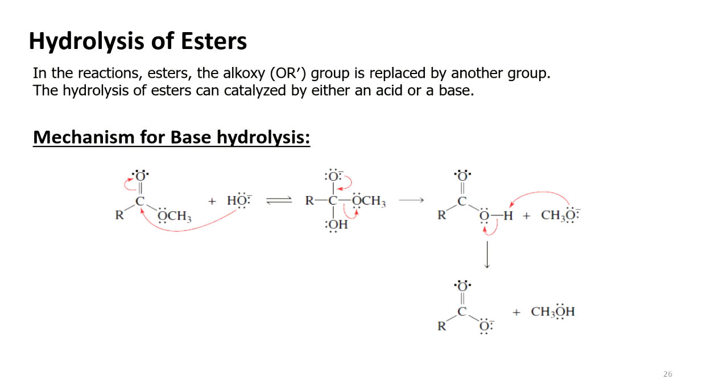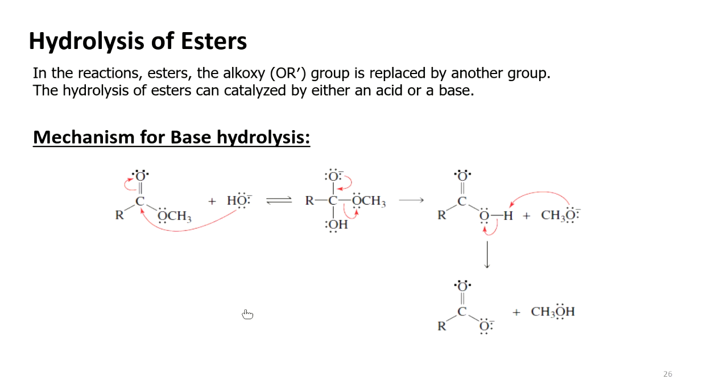Now we're going to look at the opposite of what we just did, but it's the same mechanism. You're going to have a nucleophile coming in and a group leaving. Before, when we were making the ester, it was the alcohol coming in and the OH leaving. When we're breaking down the ester, it is the OH coming in and the alcohol leaving.